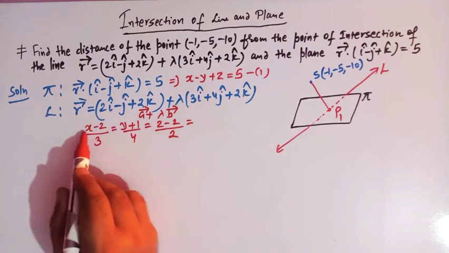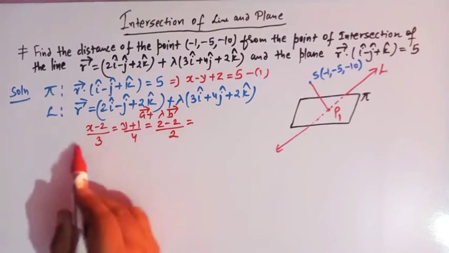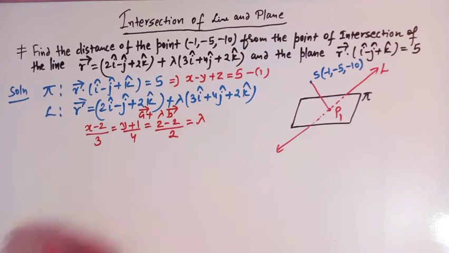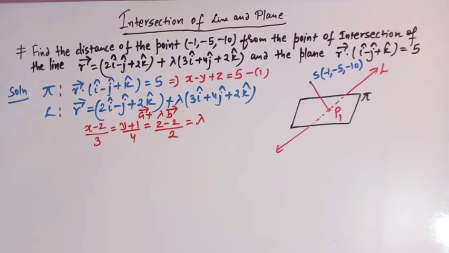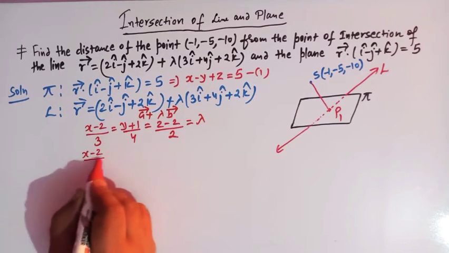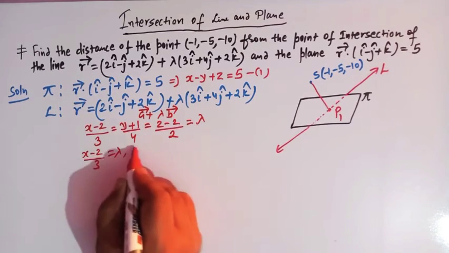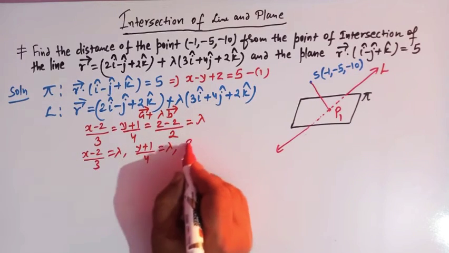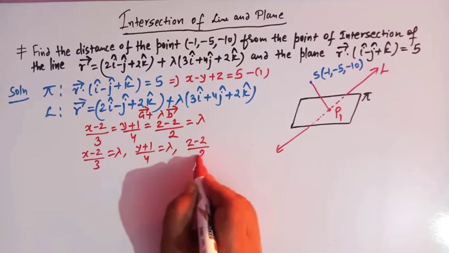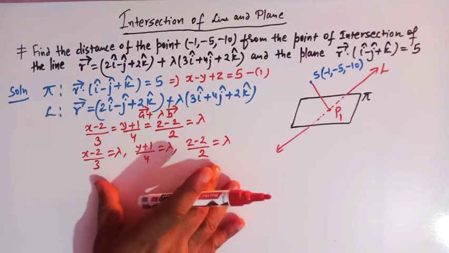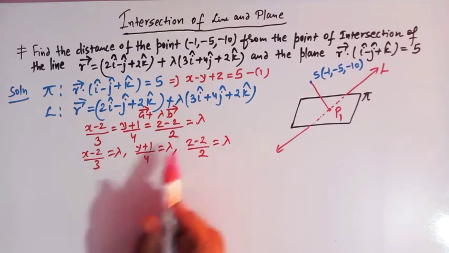So in order to find the coordinates of the general point on the line L, we can take the scalar lambda. So therefore here we can write x minus 2 by 3 is equal to lambda, y plus 1 divided by 4 is equal to lambda, z minus 2 divided by 2 is equal to lambda. And let us solve these three equations for x, y and z.